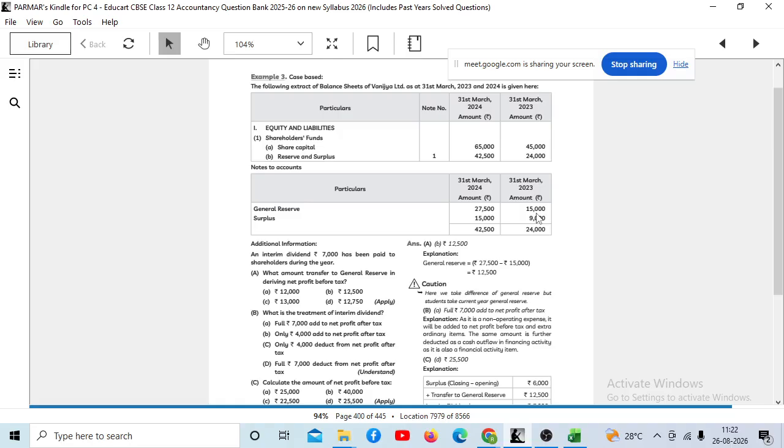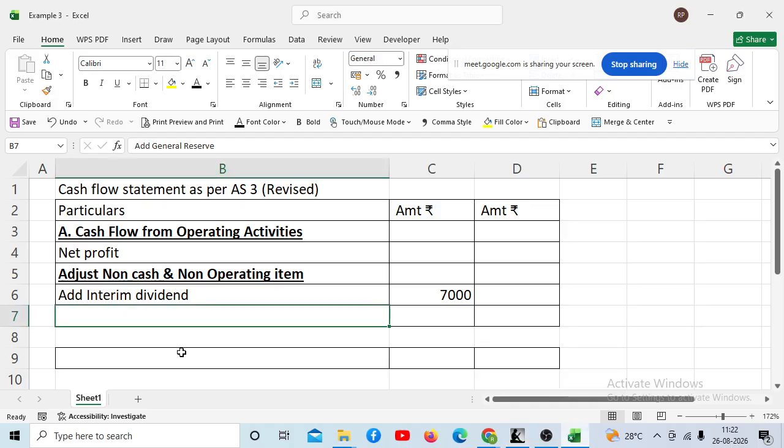How much is it? Do it properly. 12,500. So 12,500 we will write here: add transfer to general reserve 12,500.